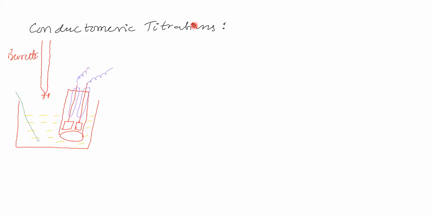Now we will take a titration, a strong acid versus strong base titration. The strong acid is HCl solution, and the strong base is sodium hydroxide solution.